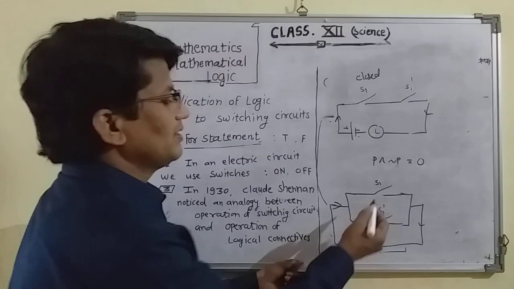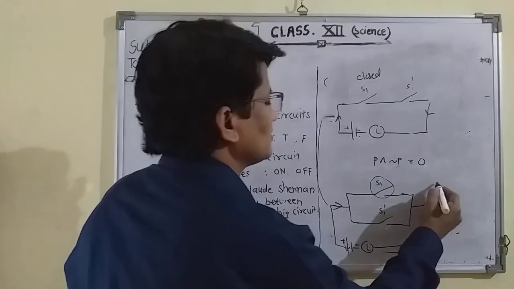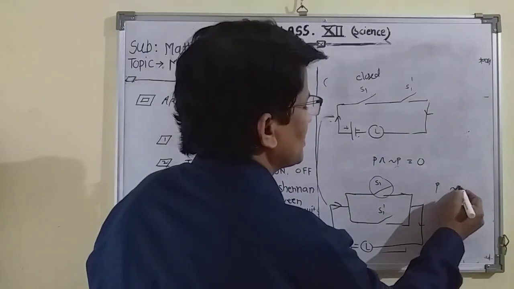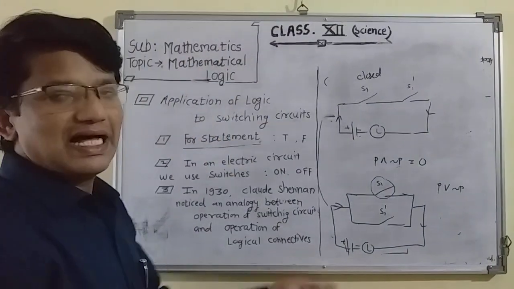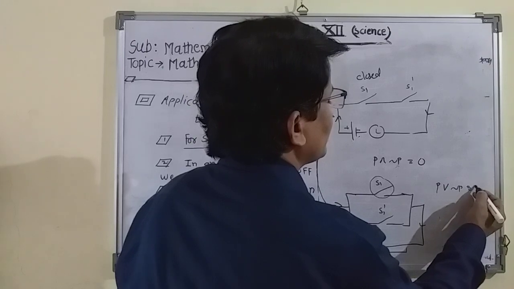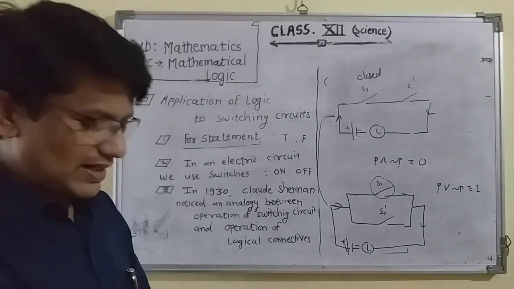Observe here S1 is closed, S1 dash is open, P or negation P. In this condition, always lamp will be on here. So answer is 1, or we can say truth value.